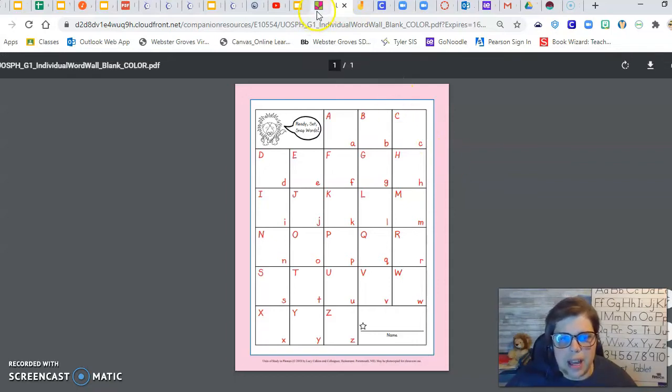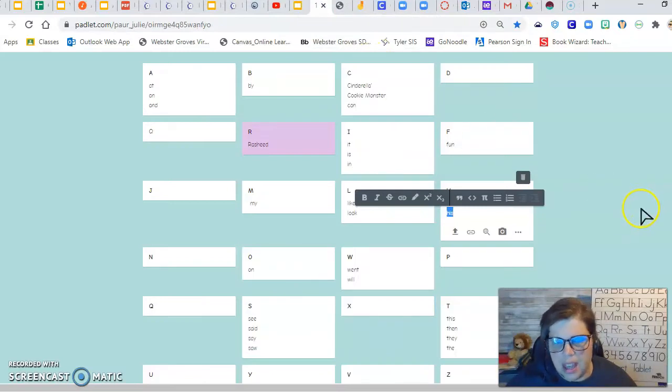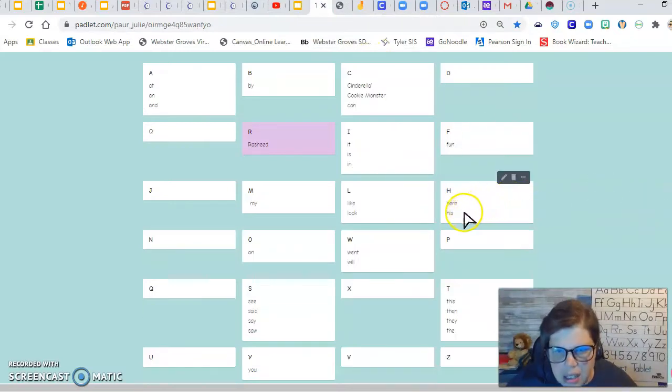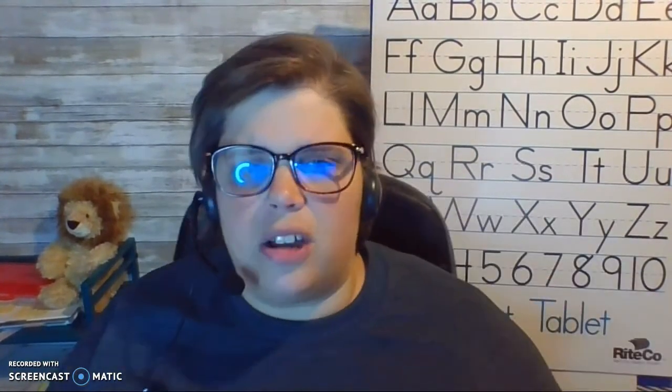I pulled up our word wall, and I was looking at the word his. You remember how to spell his? Let's spell it together. H-I-S. His. Now, if we're talking about power words, then I need to break that beginning sound off and just use the little tiny part of his.